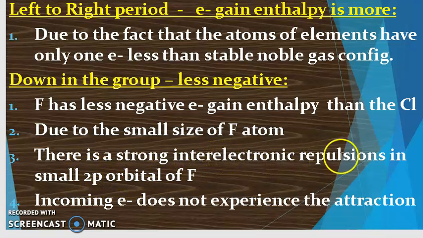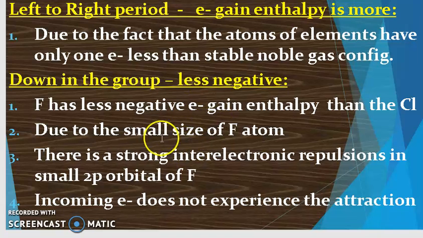So the incoming electron does not experience attraction; since repulsion already exists in the fluorine atom, fluorine has a less negative electron gain enthalpy when we compare going down the group, not in the period. So this is generally what happens.